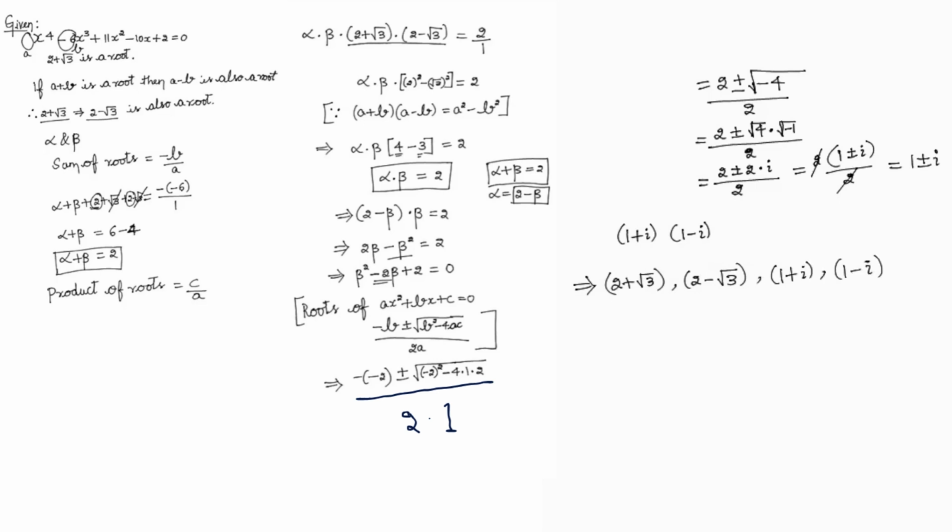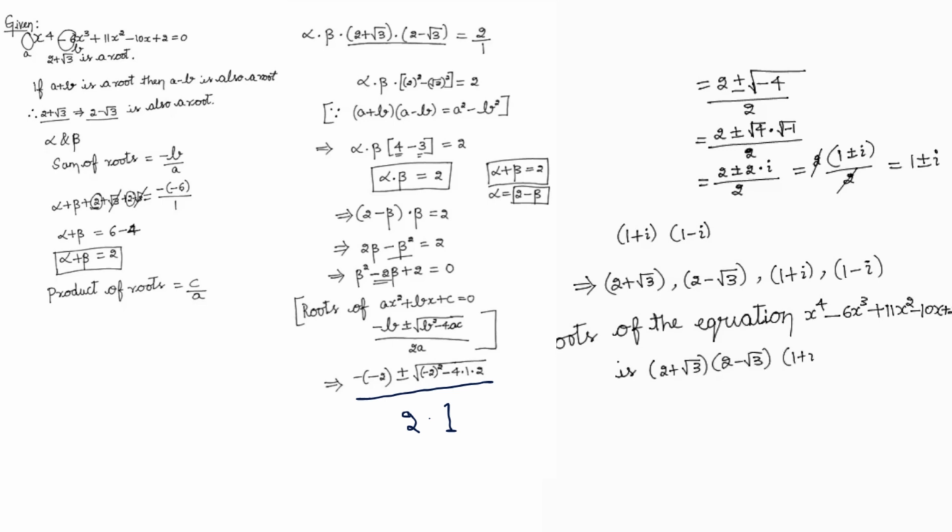Okay, let us write it properly again with the equation, which is going to be roots of the equation x to the power 4 minus 6x cube plus 11x square minus 10x plus 2 equal to 0 is 2 plus root 3, 2 minus root 3, 1 plus i, 1 minus i.